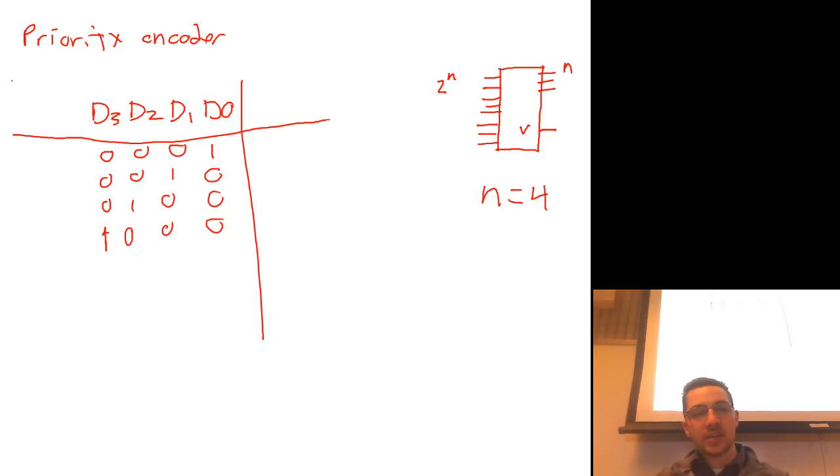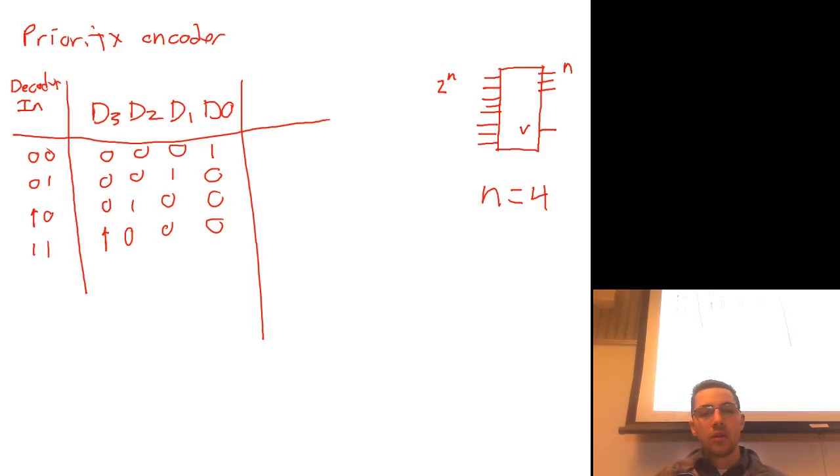If you put into a decoder an input, that's what you'll see out on the output. So if you put in a 3, you'll see a 1 out on the D3 bit.